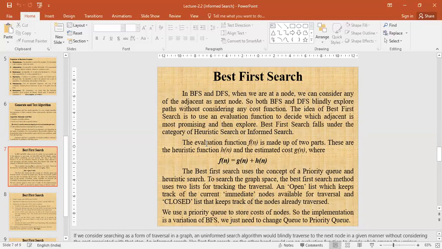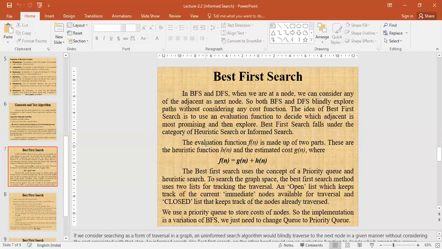So both BFS and DFS blindly explore paths without considering any cost or function. The idea of best first search is to use an evaluation function to decide which adjacent is most promising and then explore.